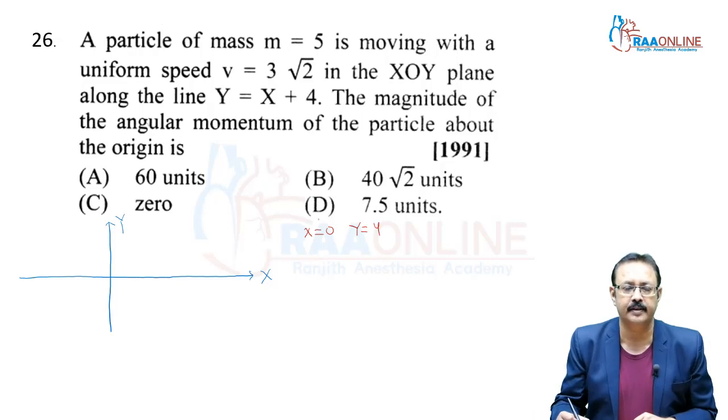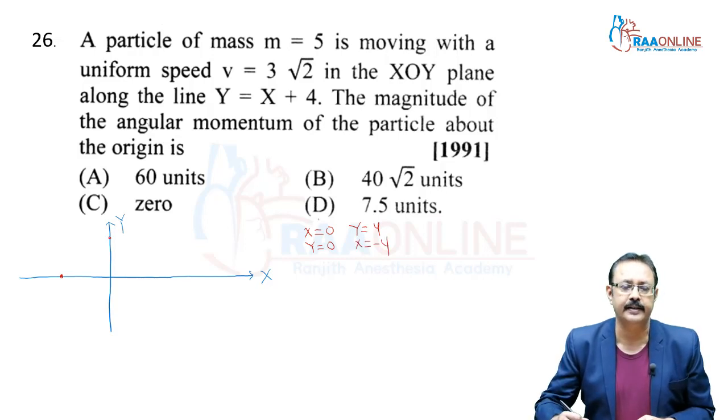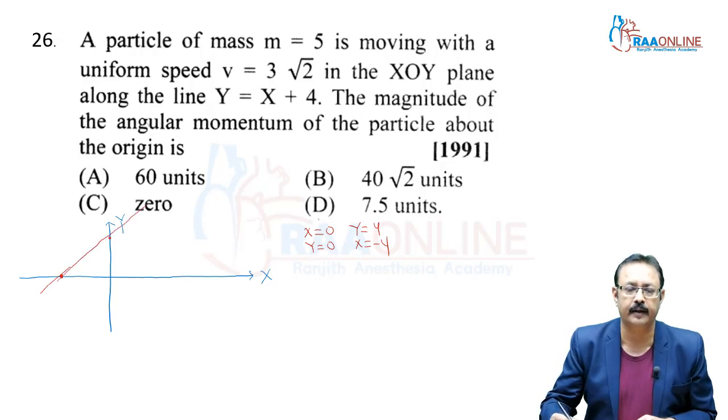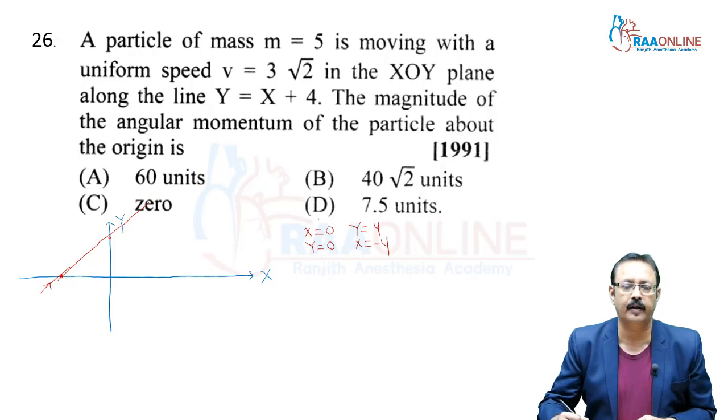One point is this. If y is 0, x is minus 4. Actually, I want to give you a feel of the question. So the line is this. The particle is moving on this line.